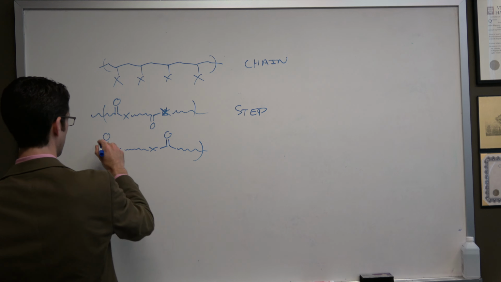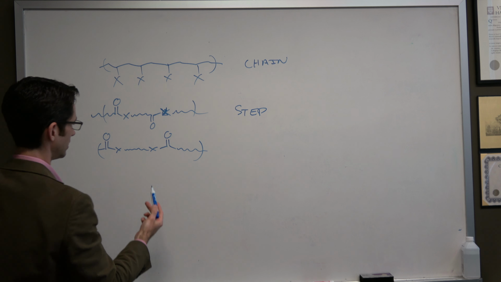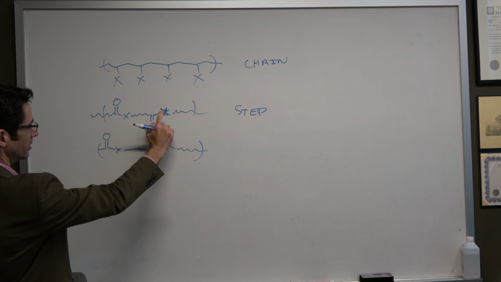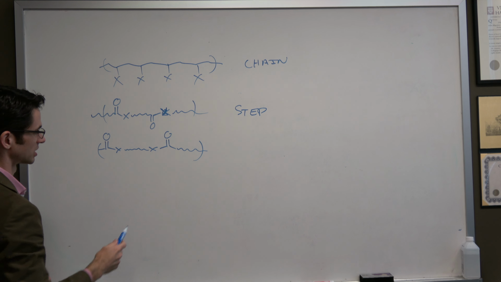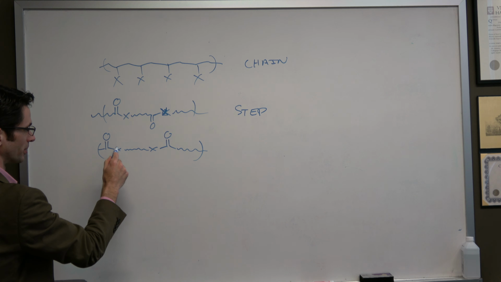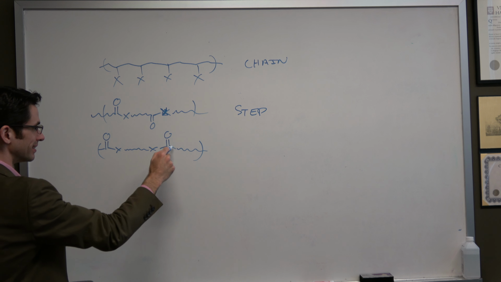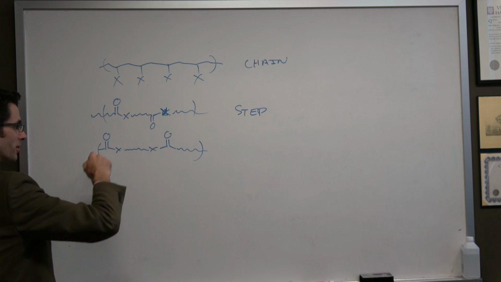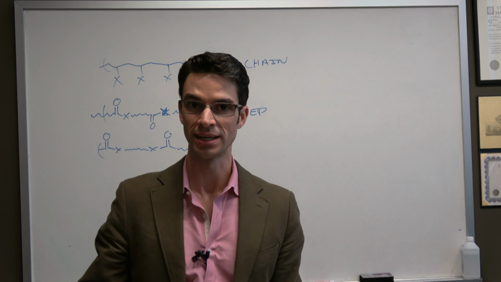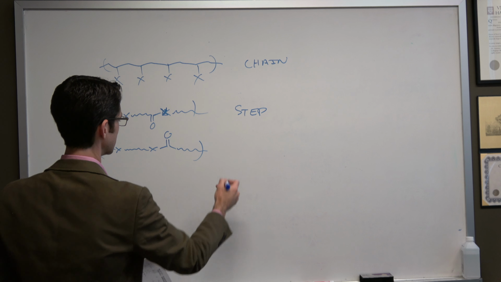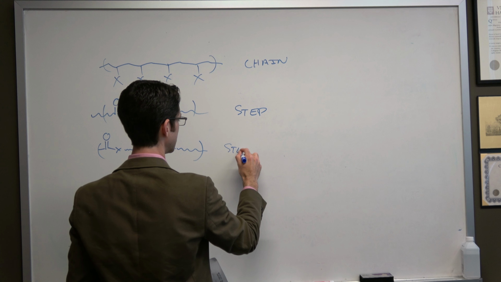And the way you can tell is because this group here is flipped. So this is derived from something with X's at the end, and then this piece, which continues over here, was derived with something with either an acid or an acid chloride at the end. So this would also have been step.